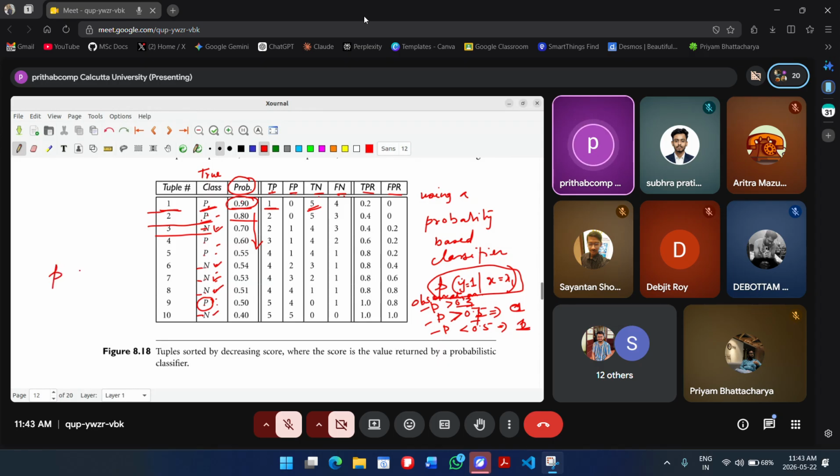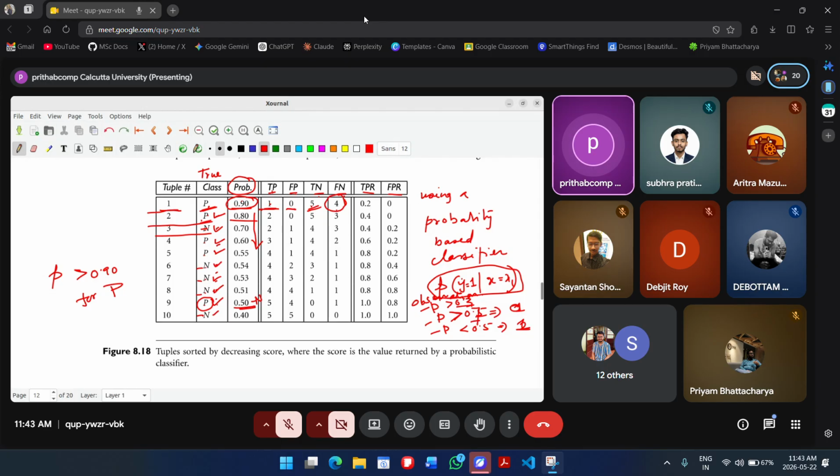Since I have set my threshold to be greater than 0.90, for the positive class, these also have become negative. So this P is a false negative, this P is a false negative, this P is a false negative, and this P is also a false negative. So there are 4. Now 5 plus 4 is 9, plus 1 is 10. All the 10 entries are done, so there is no false positive in this case.